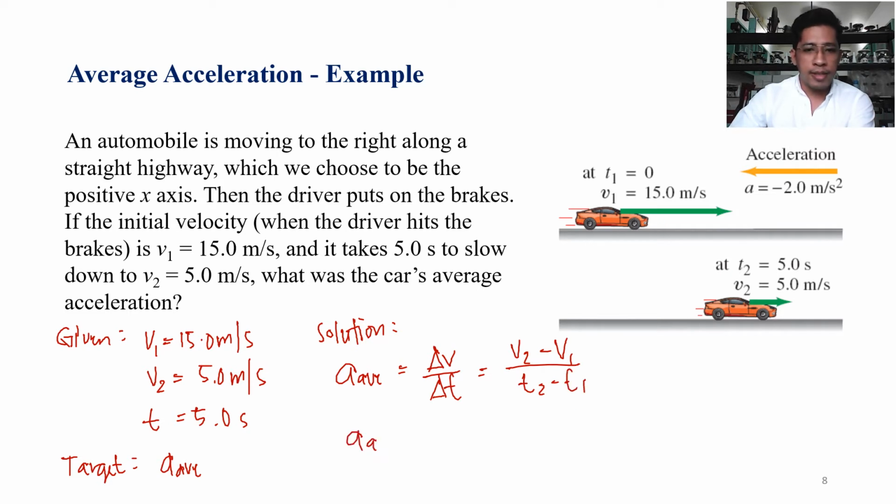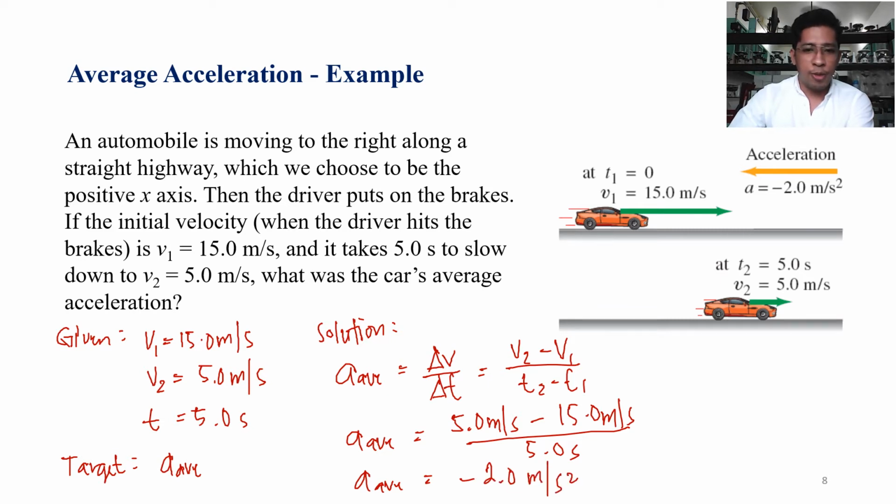Your average acceleration is equal to 5 meters per second minus 15 meters per second divided by your time, 5 seconds. Your average acceleration then is equal to negative 2 meters per second squared.